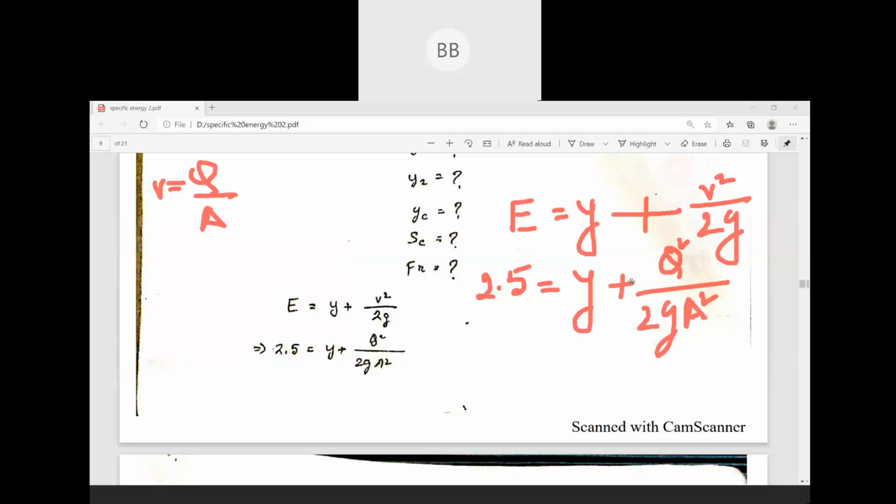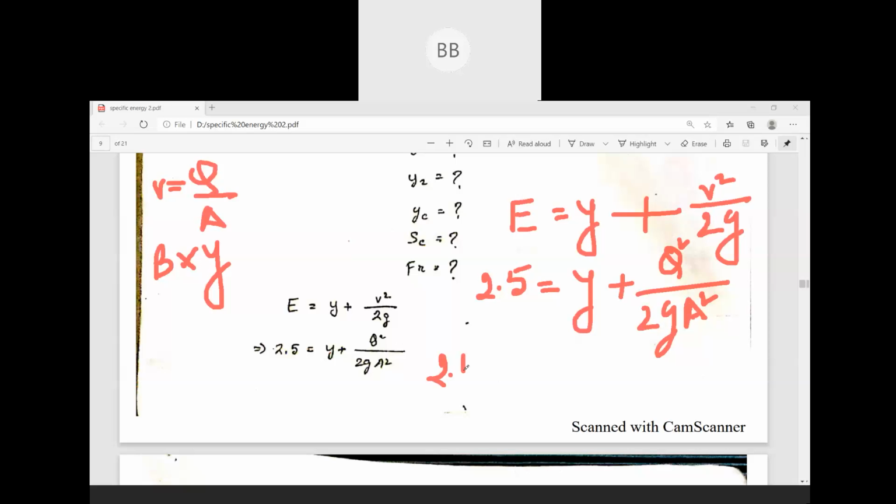Now the discharge is given, that is 15 meter cube per second. The area for a rectangular channel is B multiplied by Y, and the B value is given.